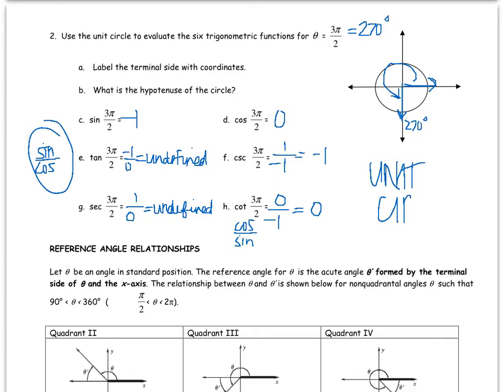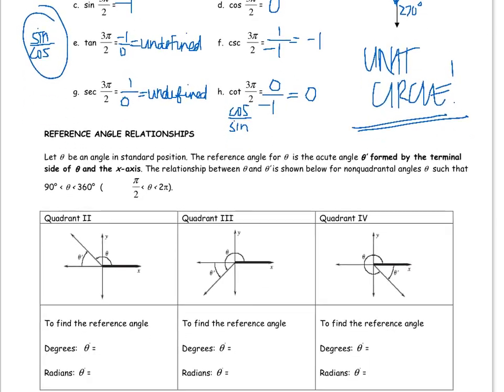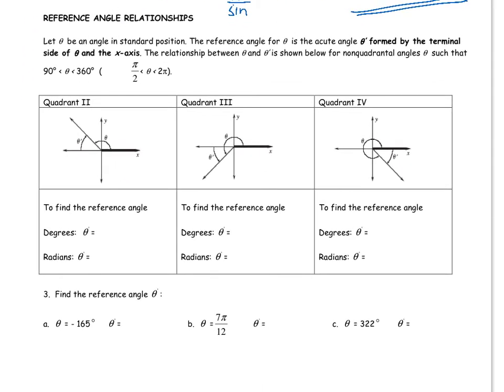I can relate everything we do in here to the unit circle, and you should be doing that as well. Let's take a look at reference angles. There's this idea of a reference angle, which means I can find an angle in any quadrant with the same characteristics as an angle in the first quadrant. We call this theta prime, a theta with an apostrophe, and that means our reference angle.